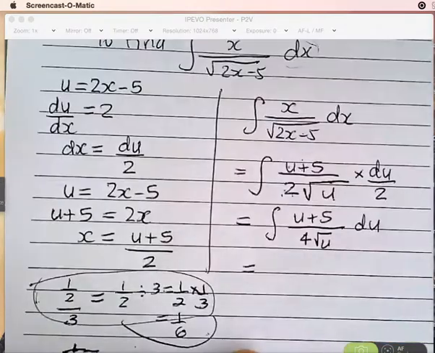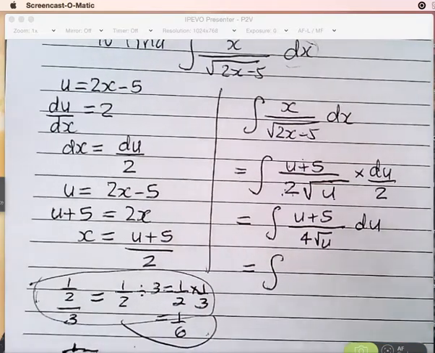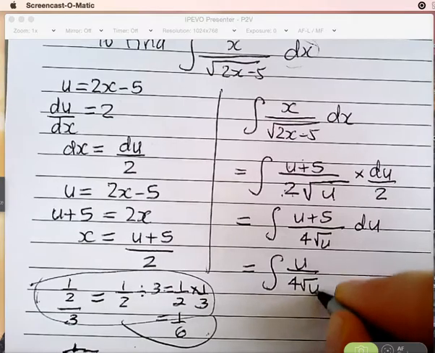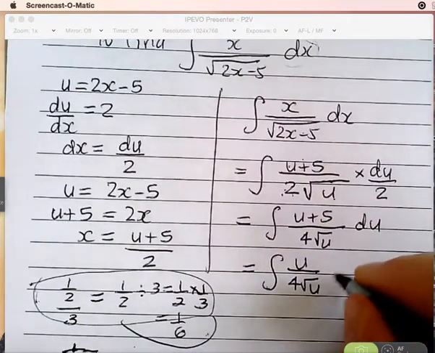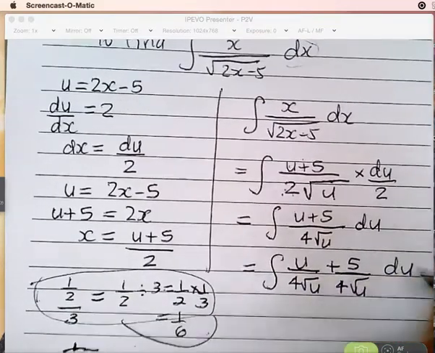Girls, we do not integrate quotient rules. So I don't want to see that. All right, so how can I break this up? Well, isn't it u over 4 root u, aren't they both over the same denominator, plus 5 over 4 root u? That's what you do. You break them up.